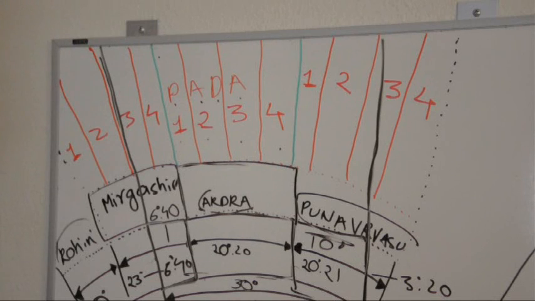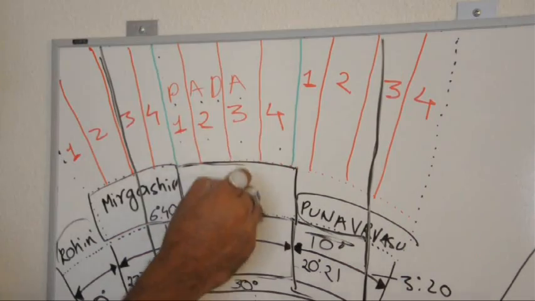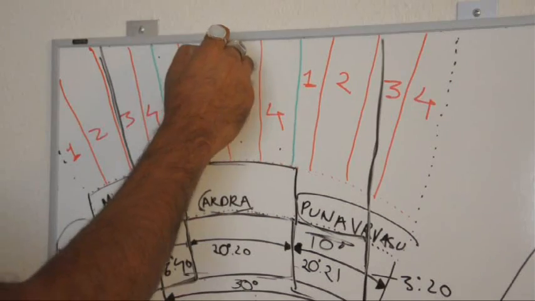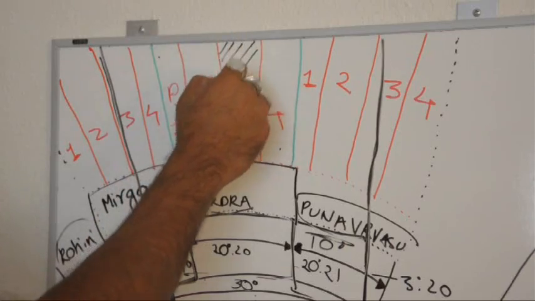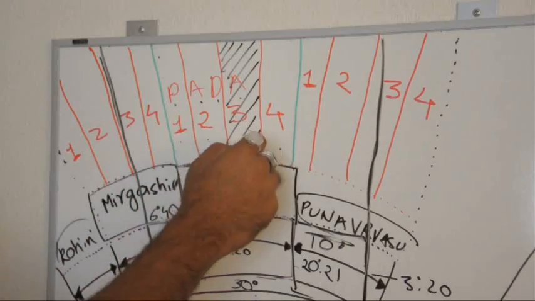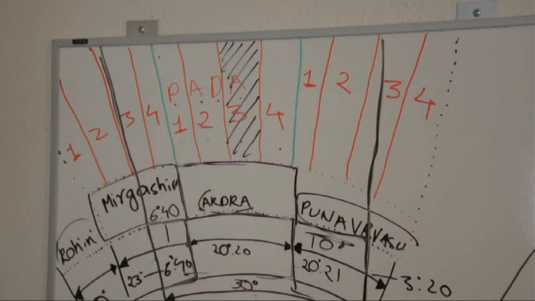So let's say somebody was born at 18.2 degrees Gemini. So when moon was pretty much at the 18.2 degree section of Gemini, you were born. In that section, moon is probably going to be in the 3rd pada.